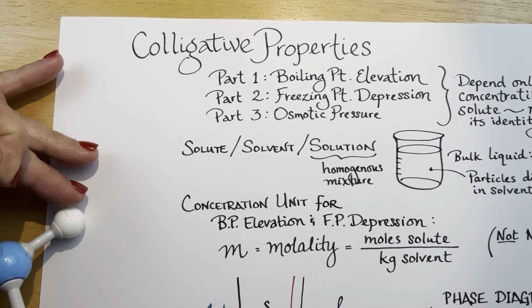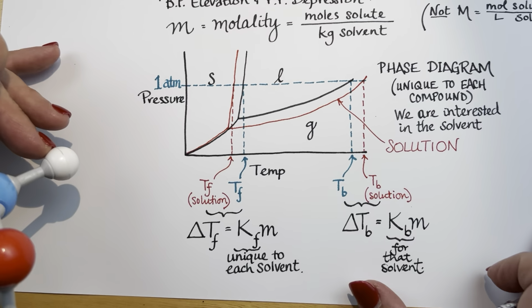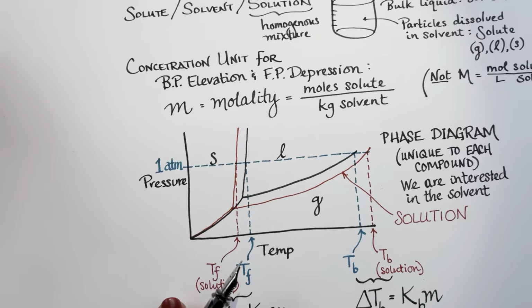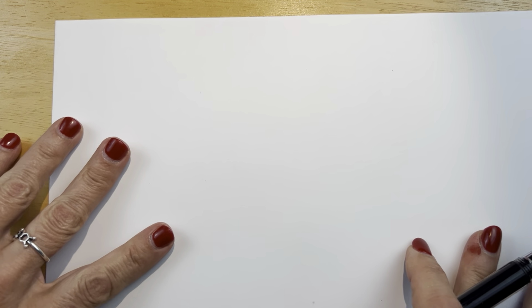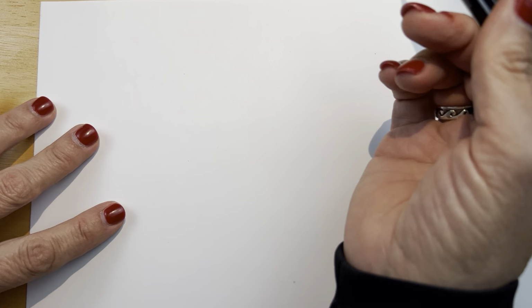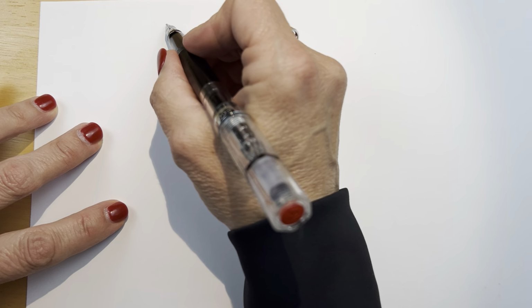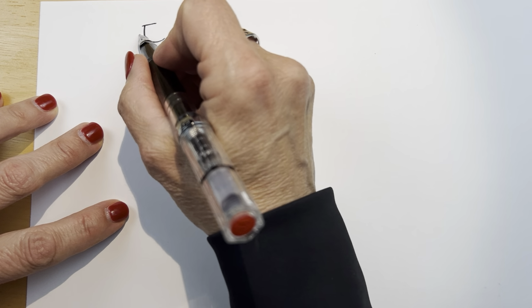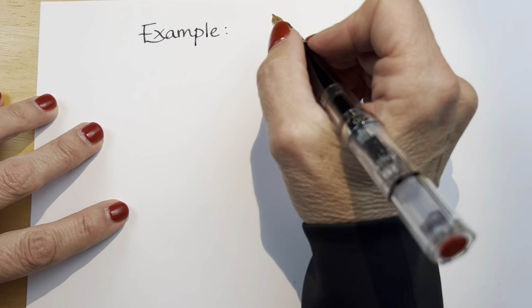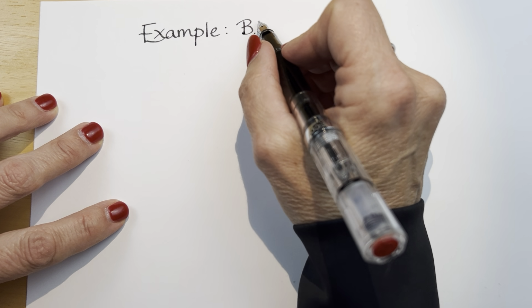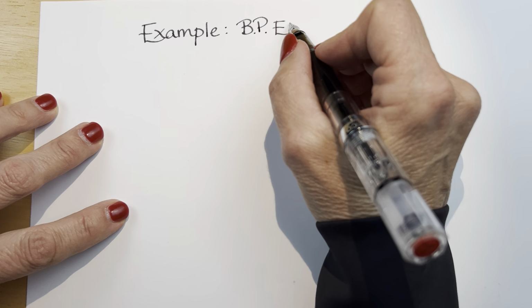So let's do that. Let's flip this over, get a clean sheet. This will be boiling point elevation.